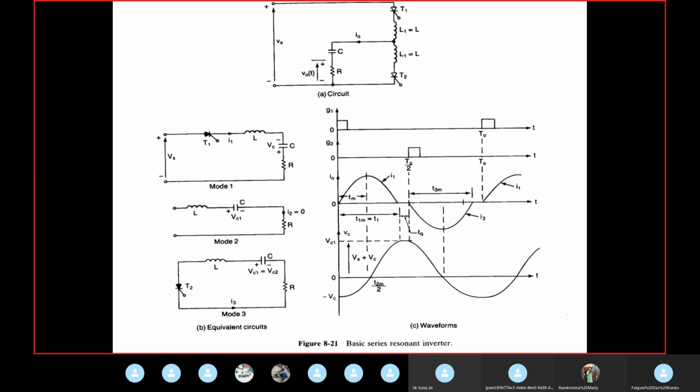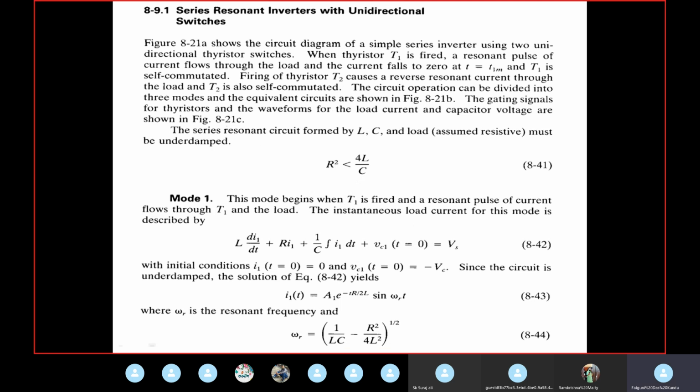If we solve this equation, we get i1(t) equals A1 e to the power minus tR by 2L sine of omega r t. So what is omega r? Omega r is the resonant frequency.